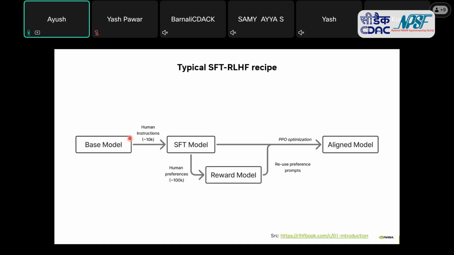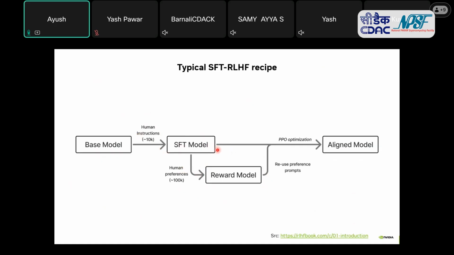So yeah, here is the base model, and we have a few thousand, or let's say a few million, instructions, which give us our supervised fine-tuned model. What these human instructions are, we'll go into that after 2-3 slides. And then we use human preferences along with the reward model, which rewards how this particular SFT model has generated, let's say, some output A for how to make tea, and the model has generated output B to tell you how to make tea.